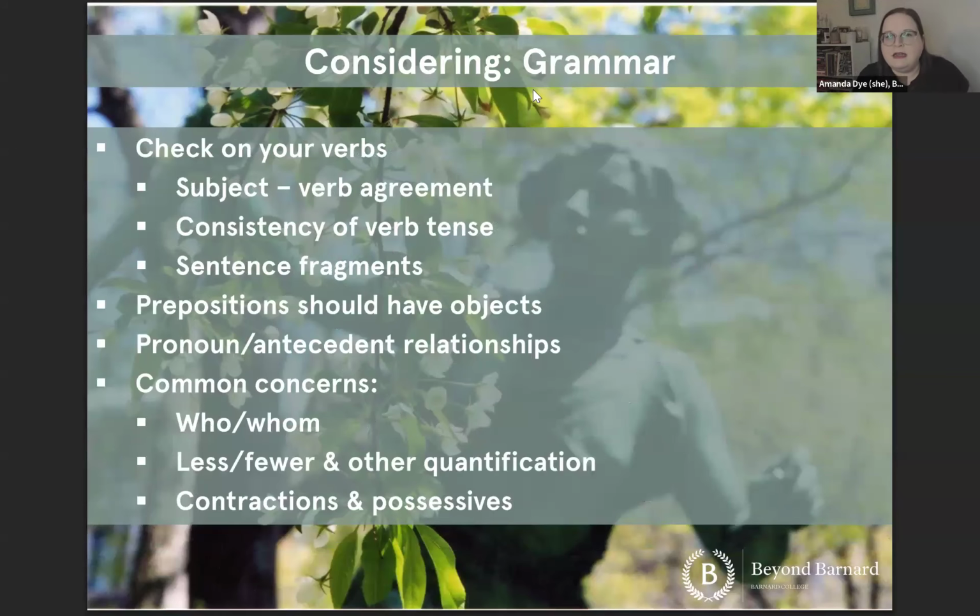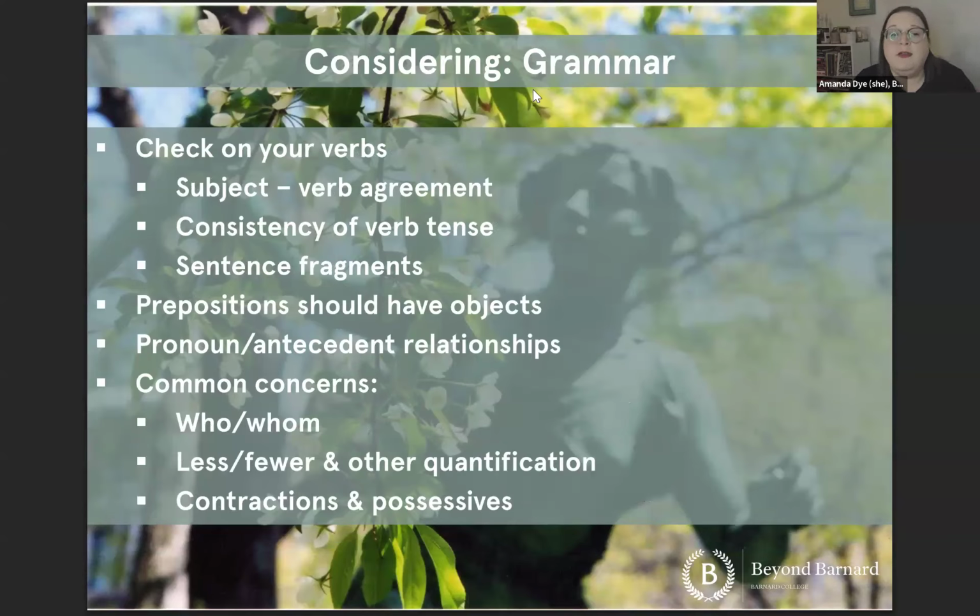So, with that said, common things that can get away from folks are related to verbs, like subject and verb agreement. This happens a lot because a person maybe revises a sentence and then the verb needs to go into a different number or person. Consistency of verb tense throughout your essay, right? You want to make sure that you're not jumping around in tenses in ways that are going to be confusing.